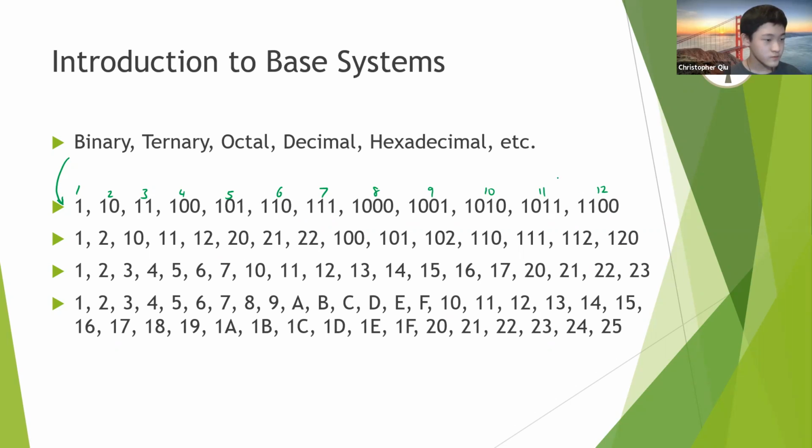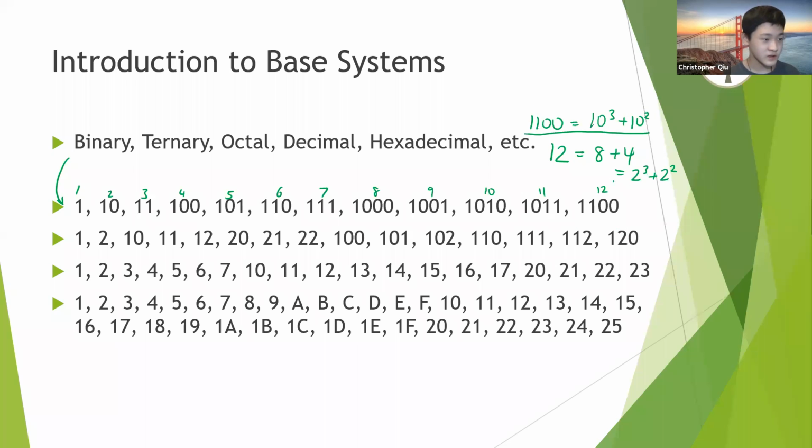So for example, 12 in base 10 is equal to 8 plus 4. And 8 is equal to 2 cubed, and 4 is equal to 2 squared. And in base 10, we have the number 1100 is equal to 10 cubed plus 10 squared.